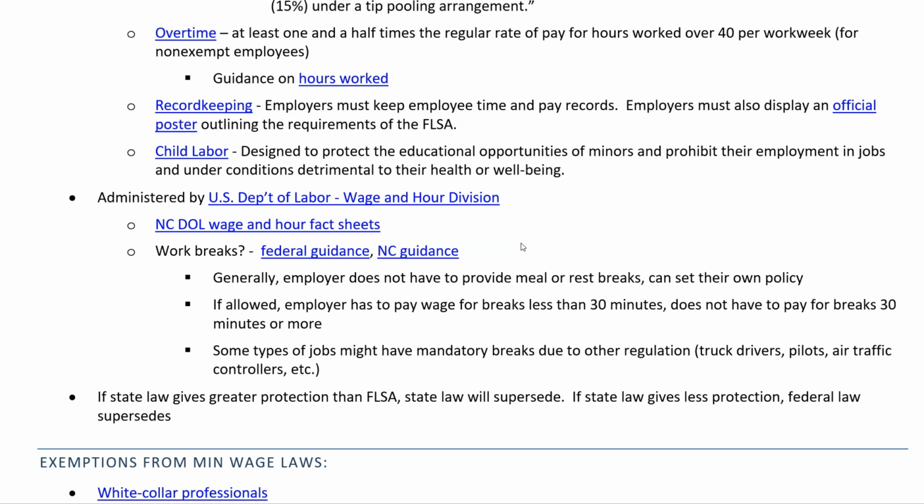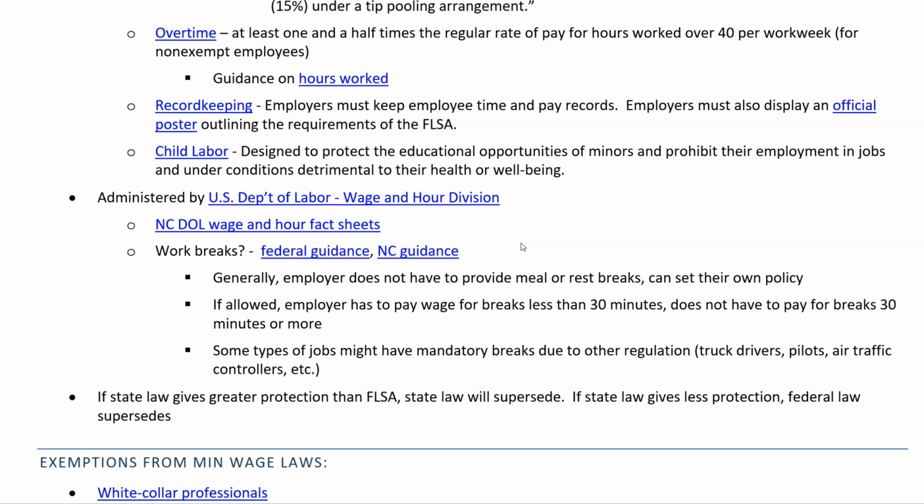Sometimes students will ask whether work breaks are mandated, either at the federal or state level, and I put that in here just because people often ask about it. Generally, the employer does not have to provide meal or rest breaks.